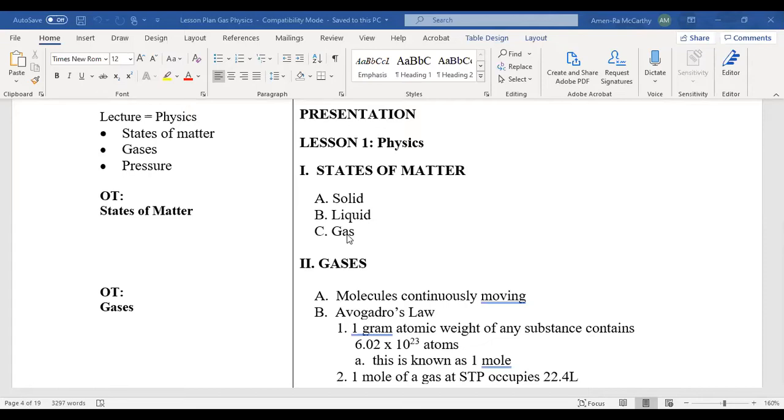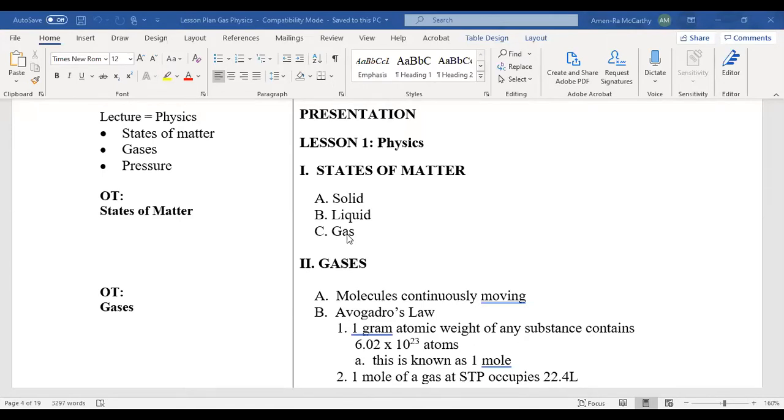That's the gas. Here's your first law. Avogadro the mole. Avogadro says that 1 gram atomic weight of any substance contains 6.02 times 10 to the 23rd atoms. And this is known as 1 mole.